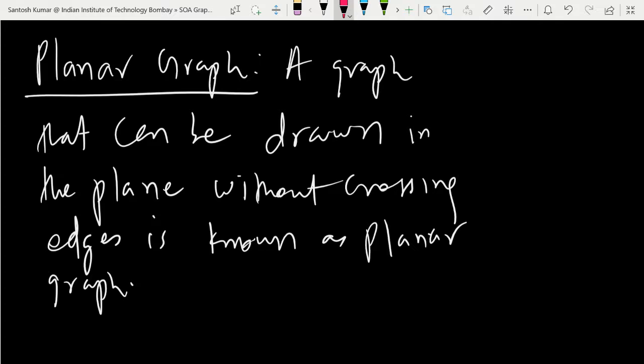So the main concept is: a graph that can be drawn in a plane without crossing edges is known as a planar graph.